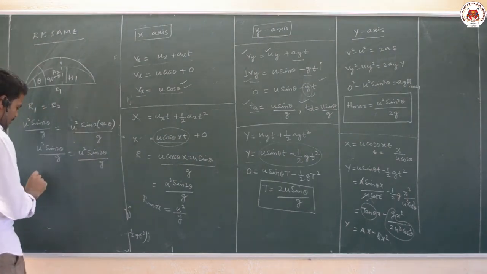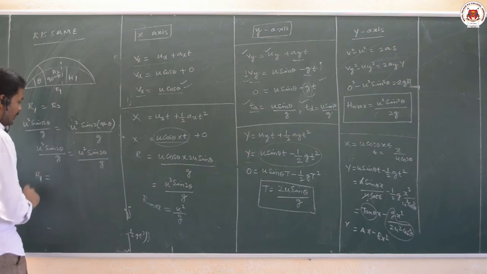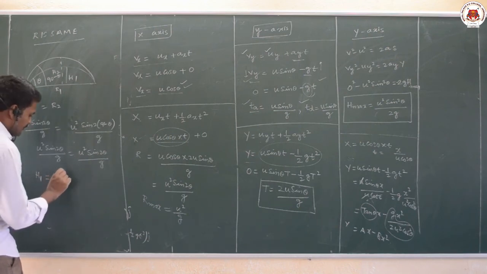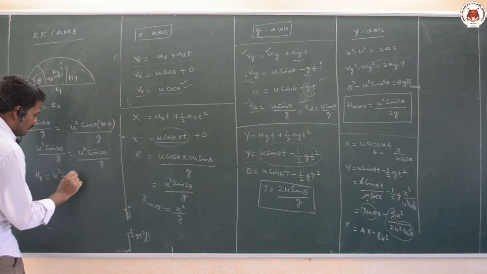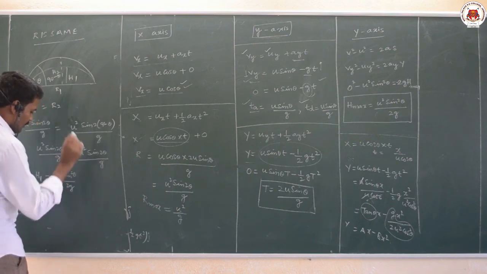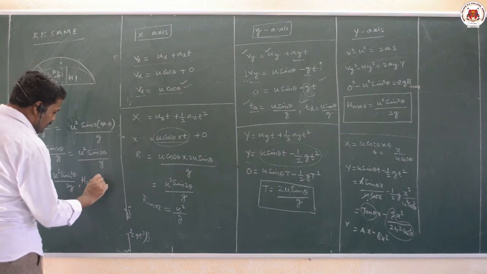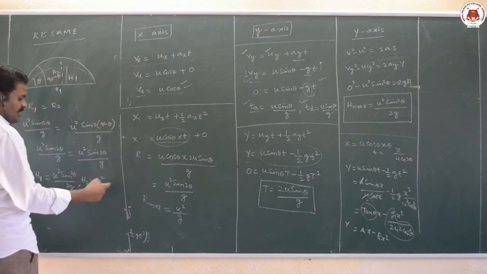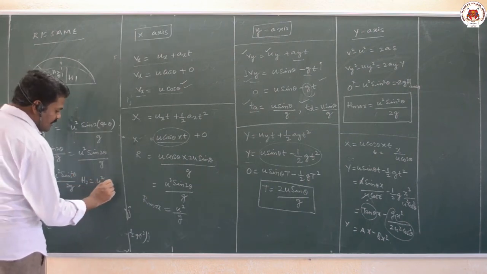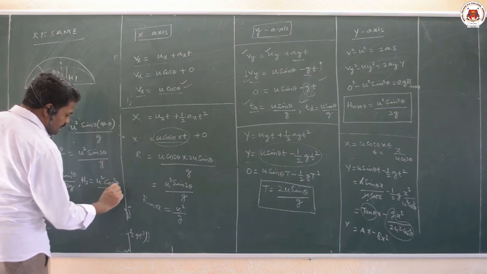Maximum height h1 will be equal to u square sin square theta by 2g. Maximum height h2 will be equal to u square sin square of 90 minus theta, that is cos square theta, by 2g.